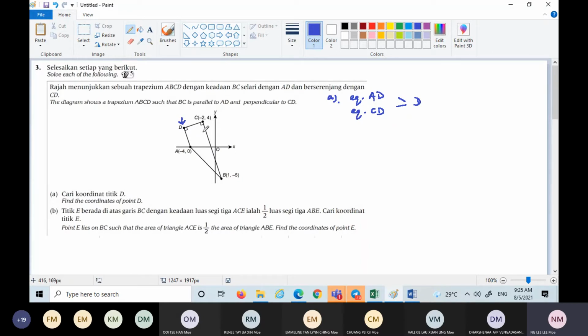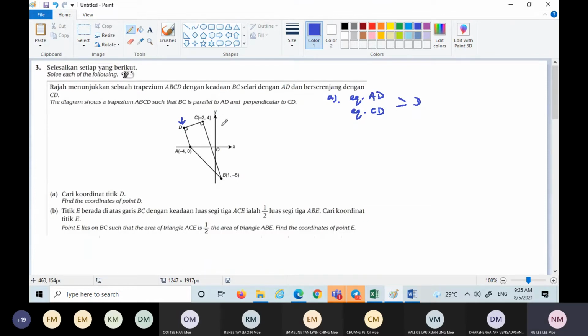So there is no problem for me to find the equation of AD. Second, can I find the equation of the CD? Once I get the gradient of the BC, because they are perpendicular, m1 times m2 equals -1. Then by using the point C, I will be able to get the equation of the CD.